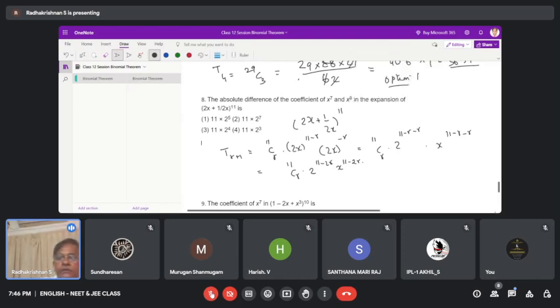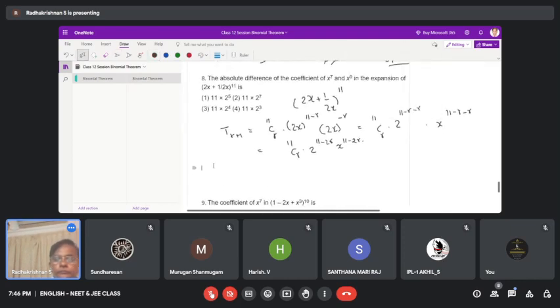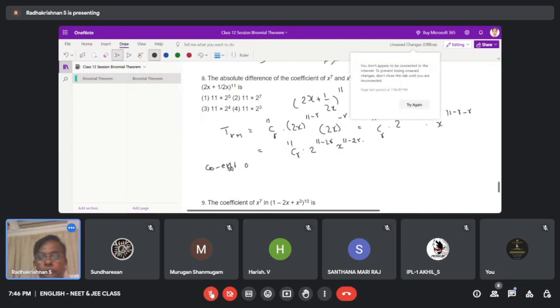Now you equate, what is the coefficient of x power 7? So what to do? You equate this 11 minus 2r, right? And determine r.